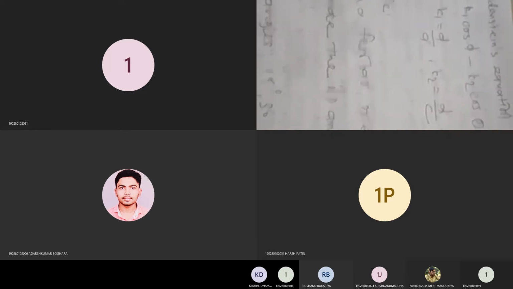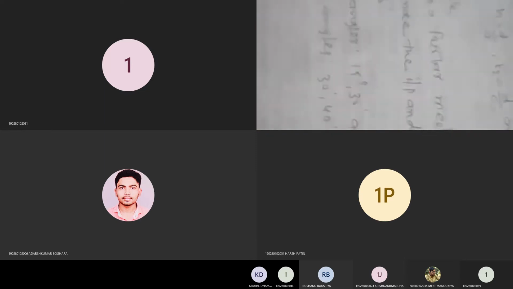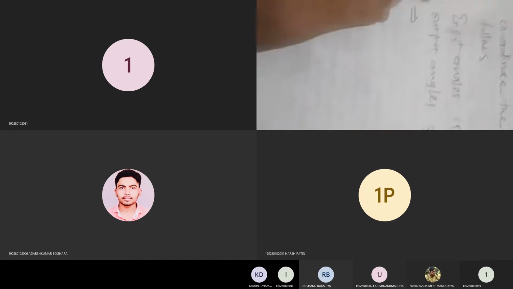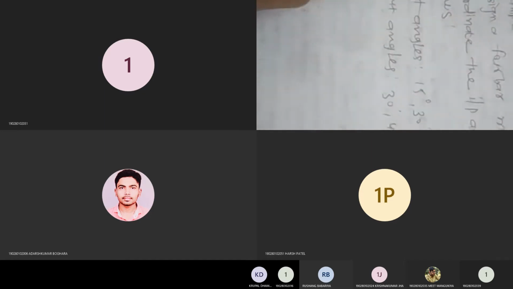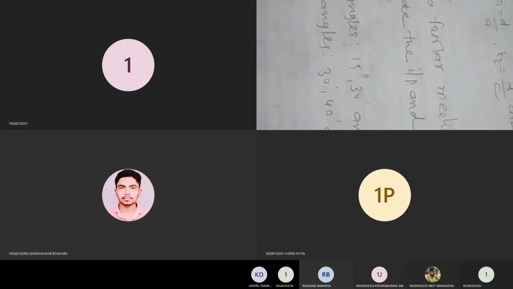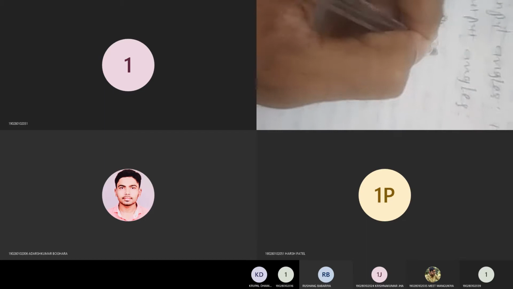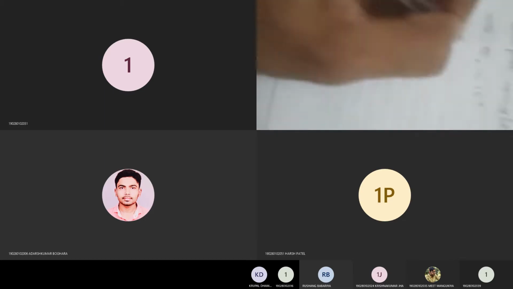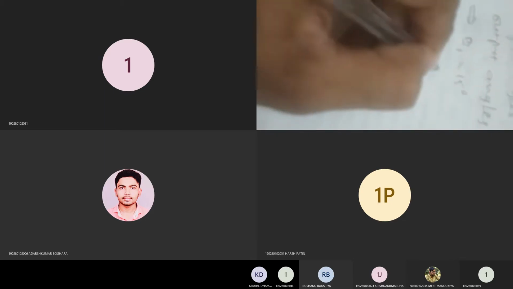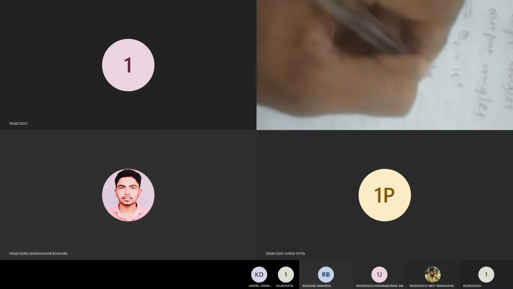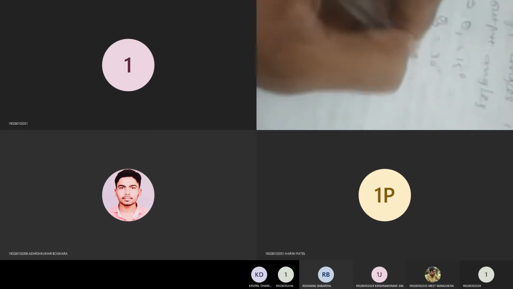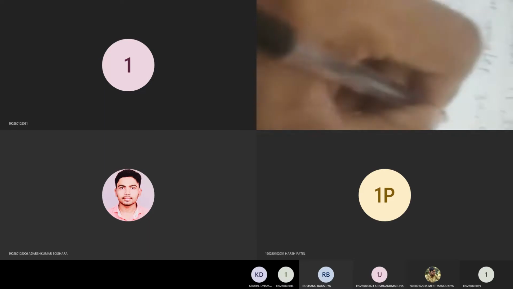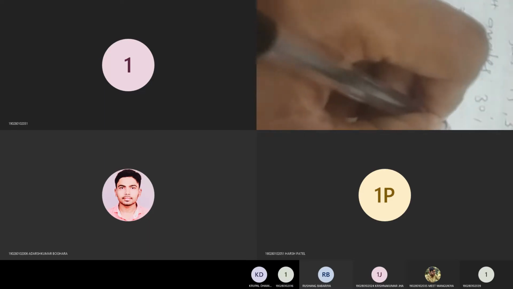Now from this data, we solve the equation. Before we solve the equation, from the data we just find what the given angles are. So theta 1 is equal to 15 degree, theta 2 is equal to 30 degree, theta 3 is equal to 45 degree from the data, and the output angle is given to us.